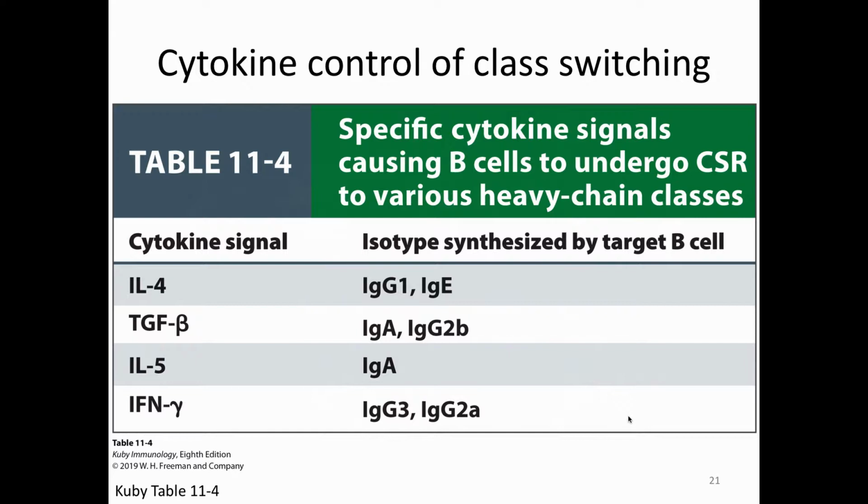And so our B cell might switch to IgE if it receives a lot of IL-4 during its activation, while our B cell might switch to IgG2A if it receives a lot of interferon gamma during its activation. And you can imagine this happening because there are going to be T cells making a Th1 or a Th2 response in that same lymph node while this whole process is happening.